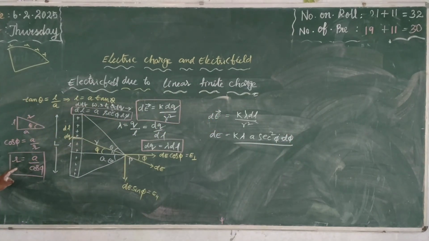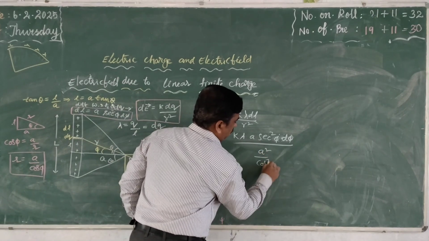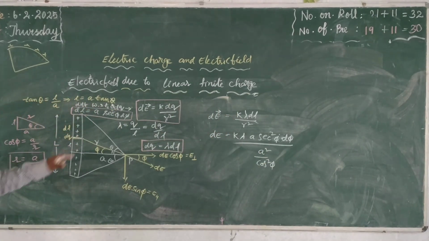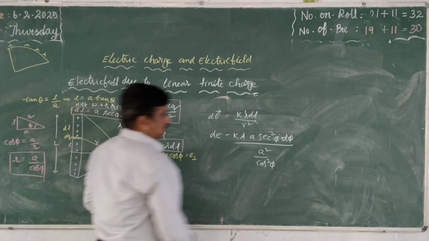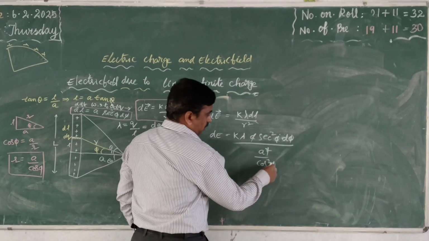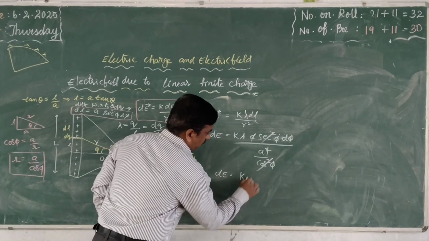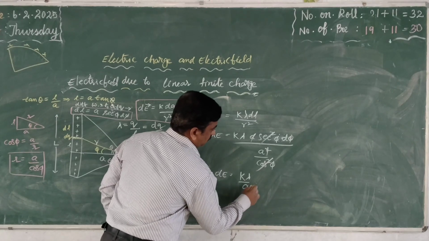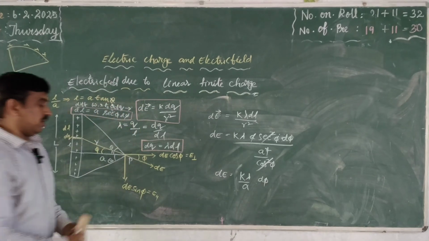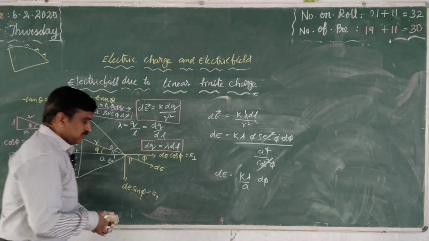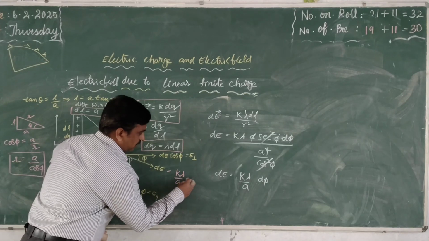So dE equals k lambda times a secant square phi d phi by r square, where r square is a square by cos square phi. Why are we writing this? So that everything is converted into one variable. Here a cancels, and cos square phi and secant square phi cancel. So dE equals k lambda by a d phi.